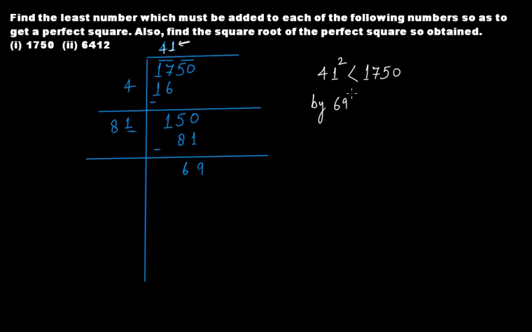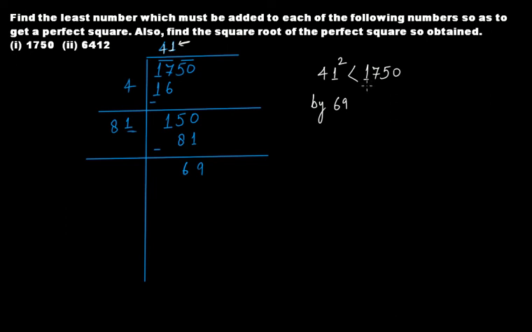Okay, but in this case we cannot subtract. If it was asked to subtract, then we would subtract this 69 from 1750, but we don't have to subtract. In this case you have to add.